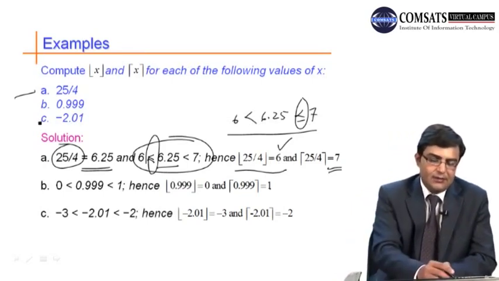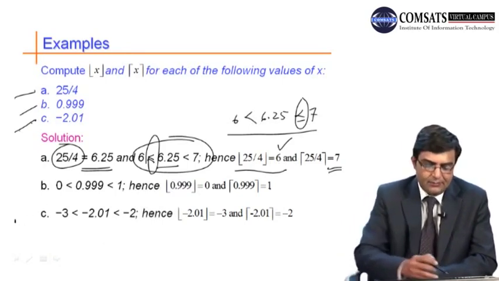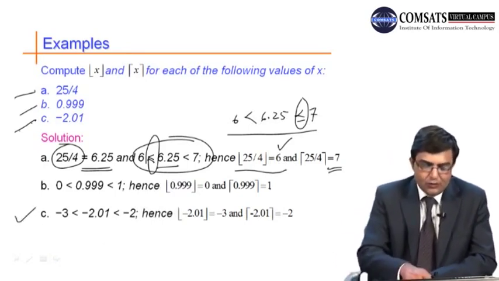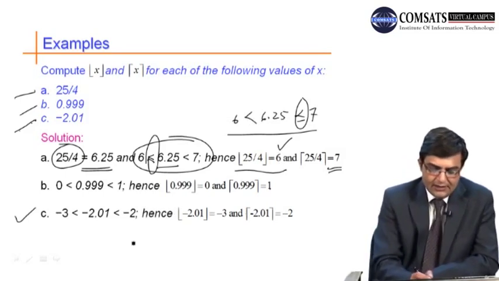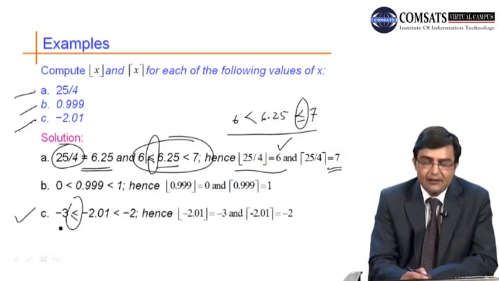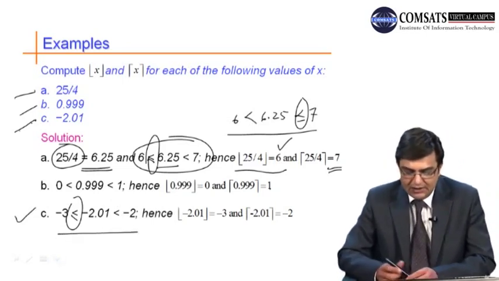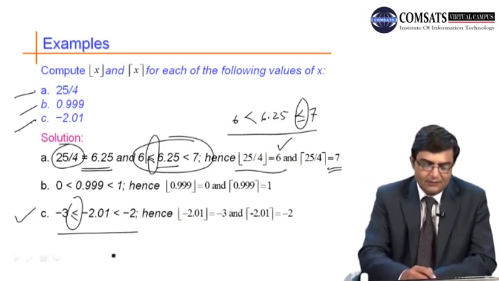The remaining two examples we can see also. For example, example C, minus 2.01. What is the immediate lesser integer? Here for floor we write less than or equal to, equality comes here, and for the ceiling equality comes on the other side. For the floor function of minus 2.01, the immediate lesser integer is minus 3.